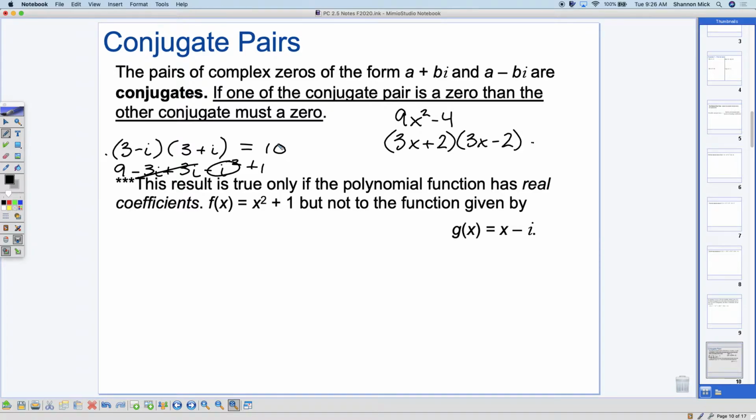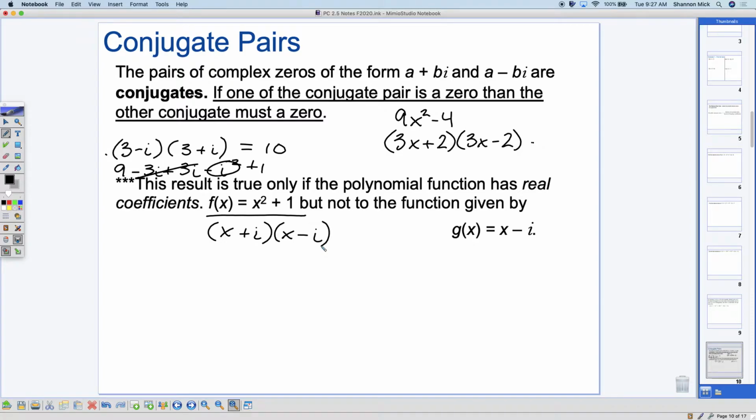So if I had f of x equals x squared plus 1, and it only goes if it has real coefficients, this would be x plus i and x minus i. They both have to be there.